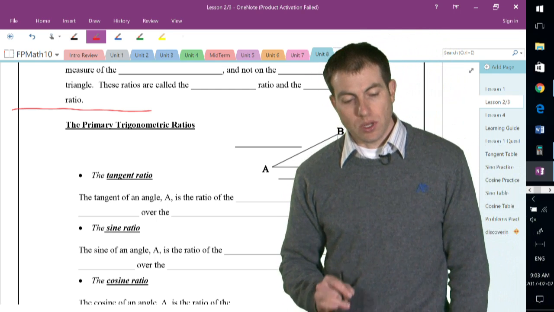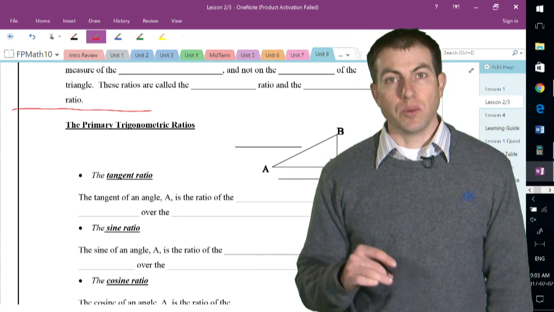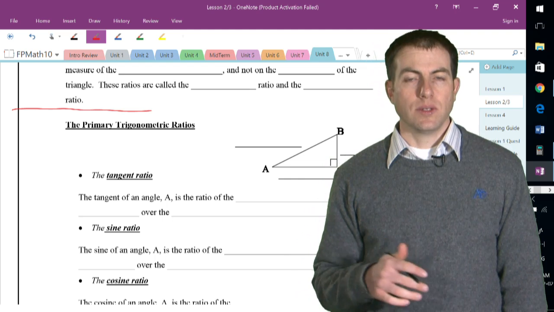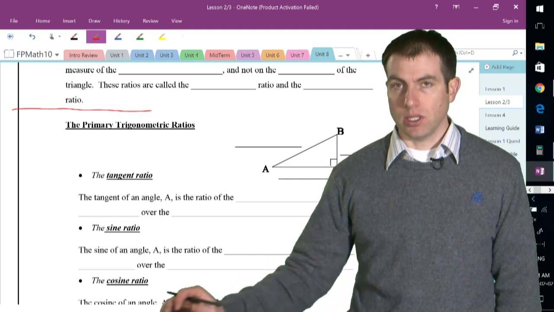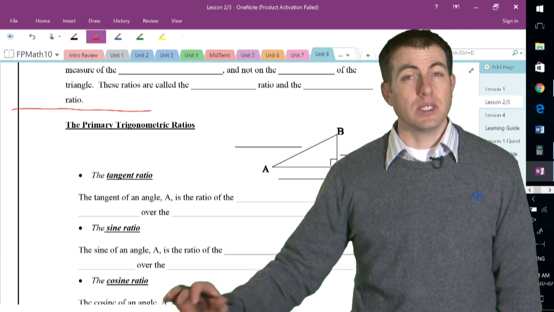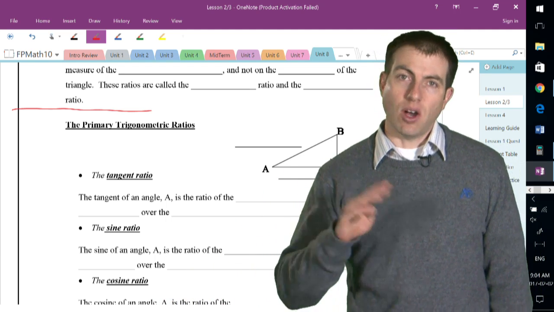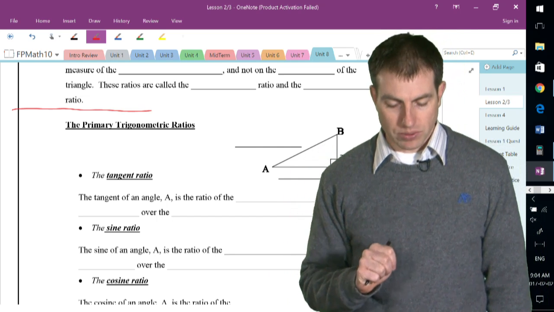We talked about the tangent ratio, and remember I said when we have these ratios, we need to establish what angle we're dealing with. Every question is going to be a little bit different depending on what angle we're dealing with. We could be dealing with the same triangle, and the opposite and adjacent sides can switch depending on what angle we're using as our reference angle.